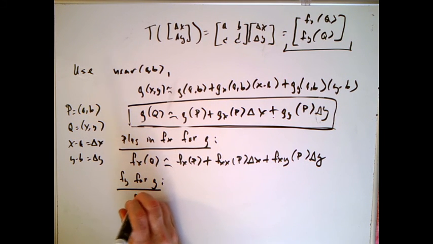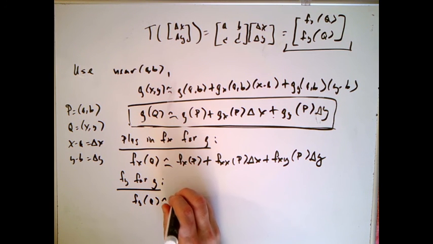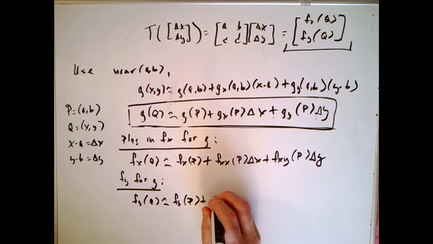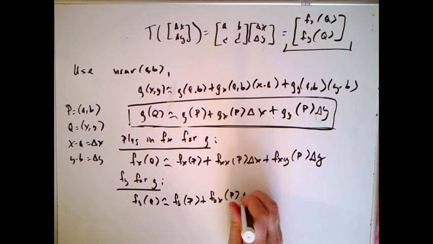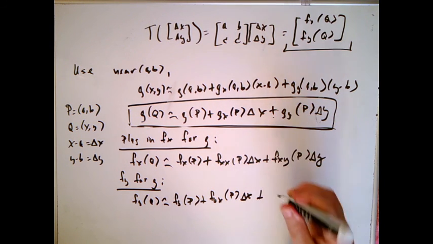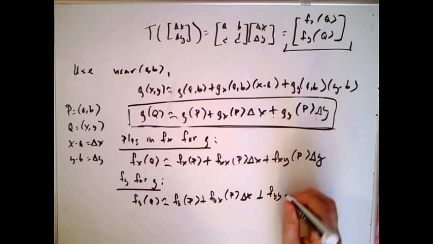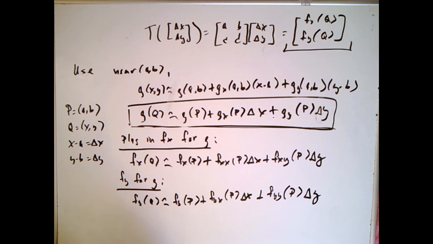So I'm going to say f_y at q is approximately equal to f_y at p plus f_yx at p times delta x plus, since g is f_y and there's another y there, f_yy at p times delta y. Now that looks way more complicated than we're used to looking at.